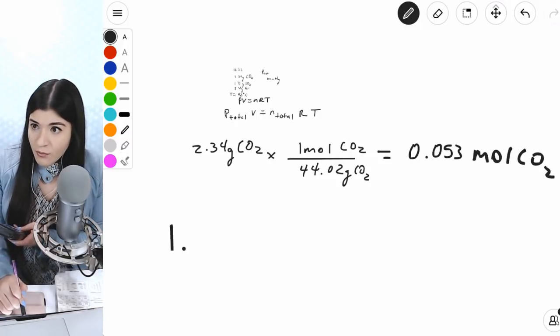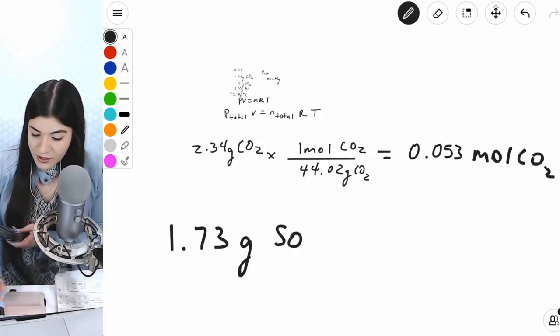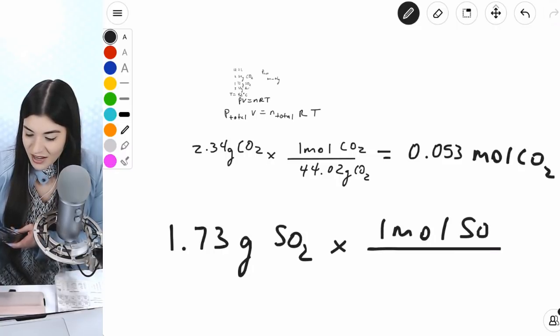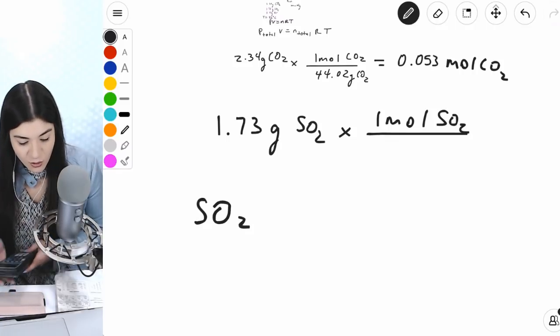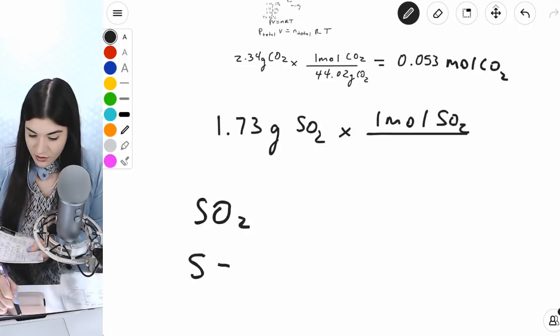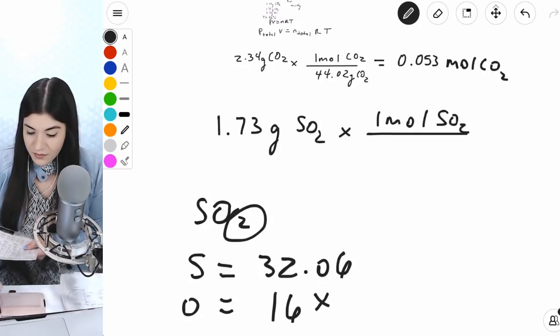So we also have 1.73 grams of SO2. All right, now this one I don't have memorized. So this is 1 mole of SO2, and let's figure this out together. So figuring out our molar mass, sulfur has a molar mass of 32.06. Oxygen is 16 times that 2.